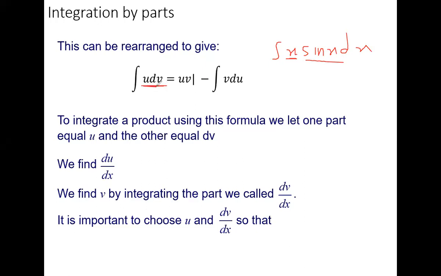So that's the first thing you're going to do. Then after you've made one equal to u, for example, you let u be equal to x, and then dv be equal to sine x dx. Okay, good.